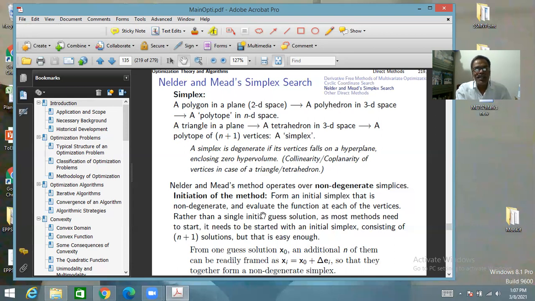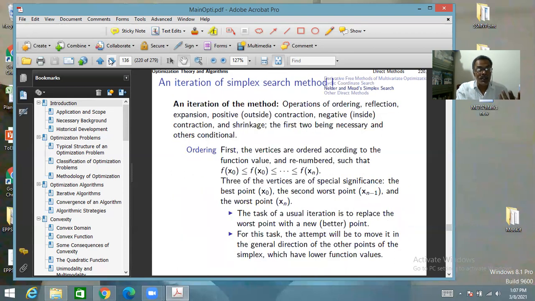Now how does it proceed? The rules. During every iteration, with the initial simplex, you start an iteration. At the end of it, you will have a new simplex from where you will start another iteration and so on.